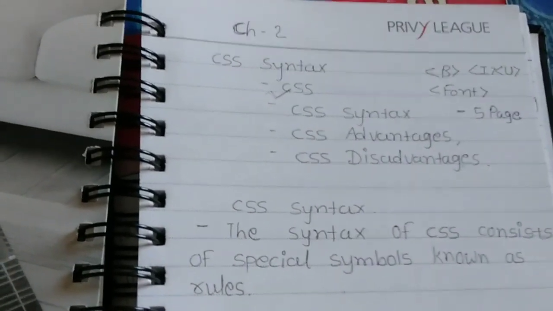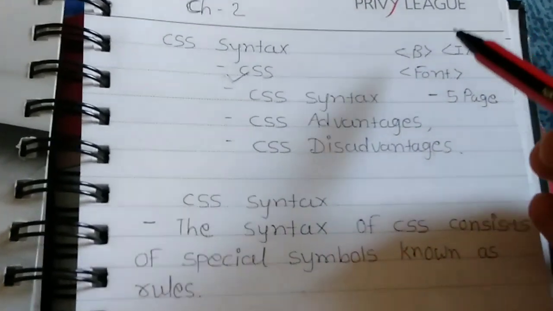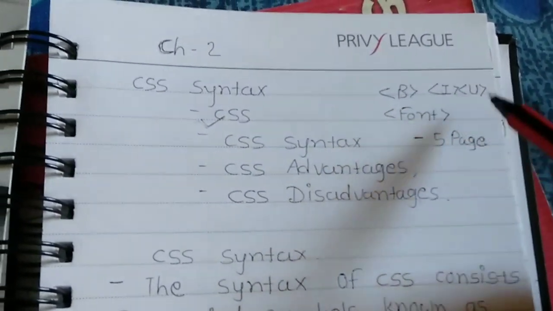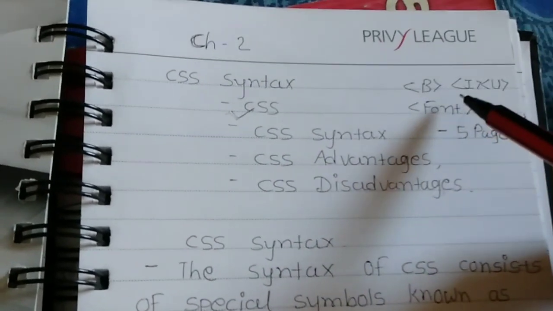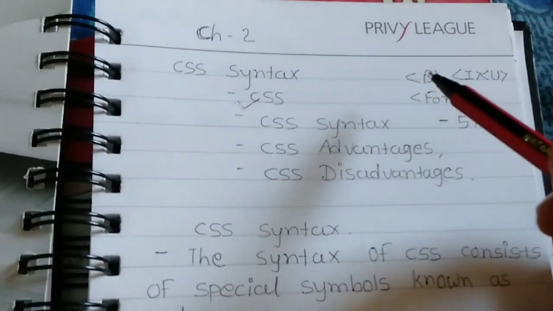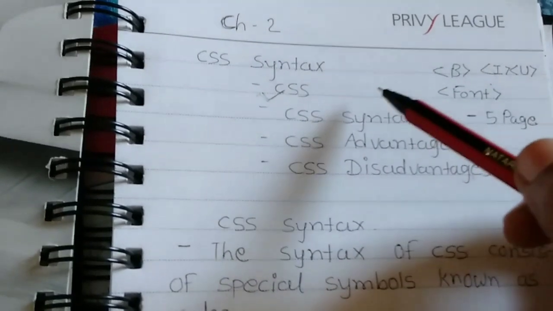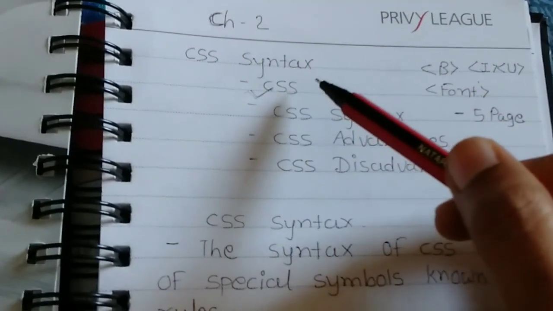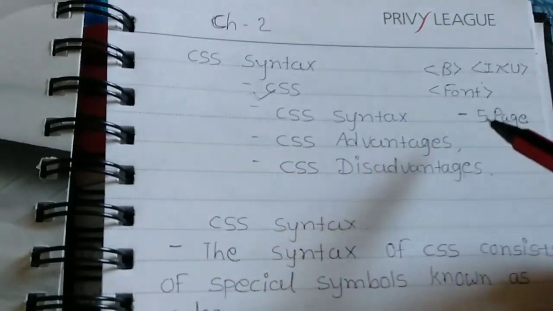So you have to write all these tags in all the pages. You have to compulsorily write all these tags, B, I, U, font tag, for all pages, because you are using HTML tags. But in CSS you have to write only one time. There is no need to write it again. You only select it when you are using CSS, and you can apply this CSS to all pages.